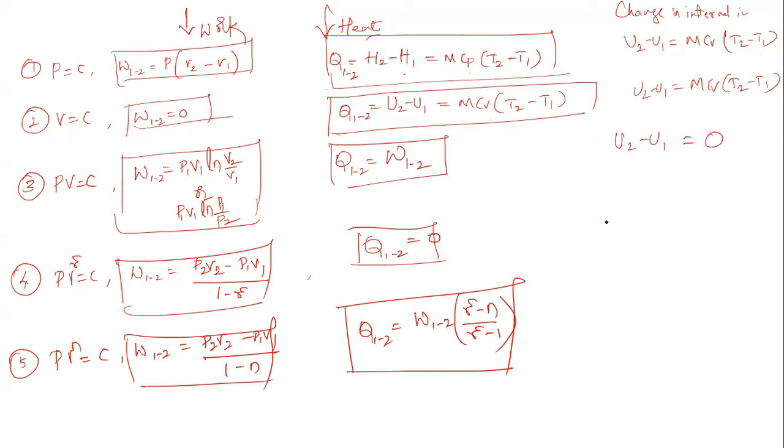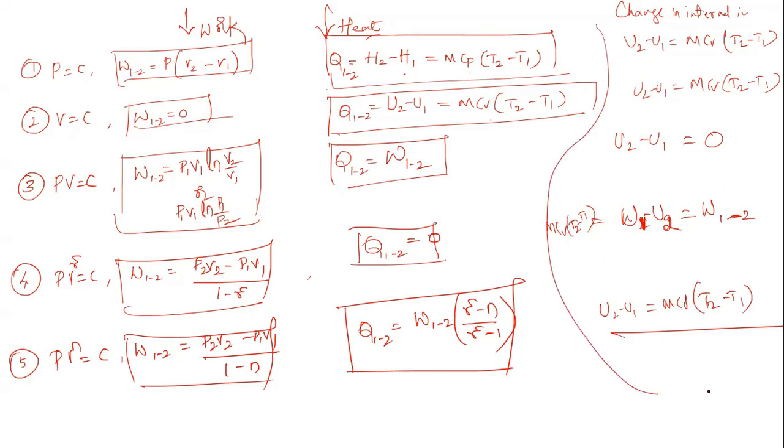Now for an adiabatic process, U1 minus U2 is W1-2, and that is equal to mCv (T2 minus T1). This is the internal energy for different processes.